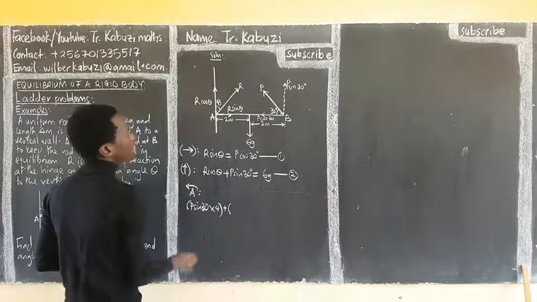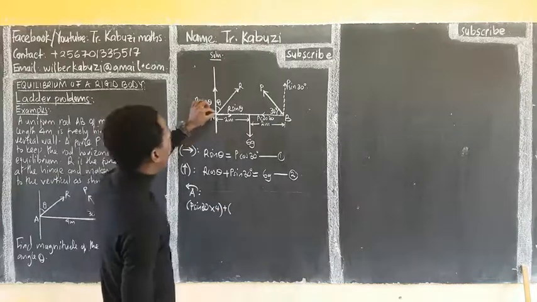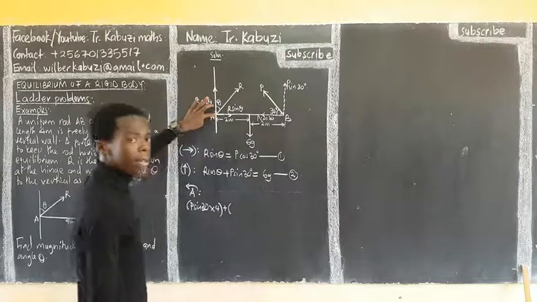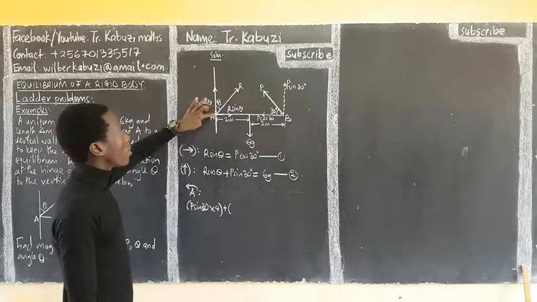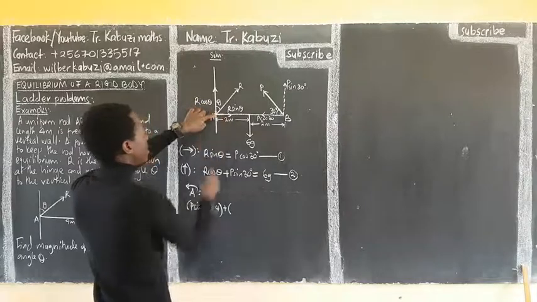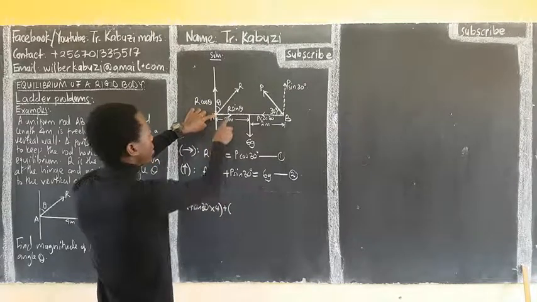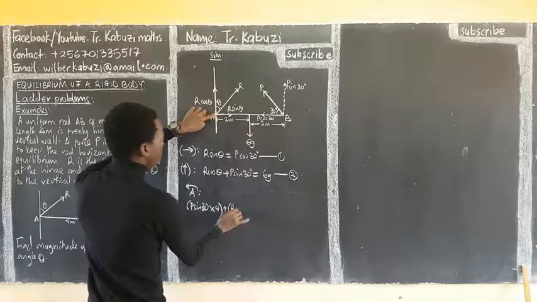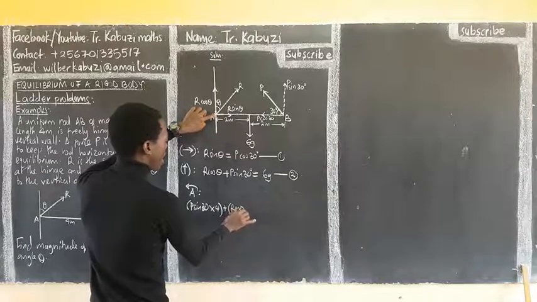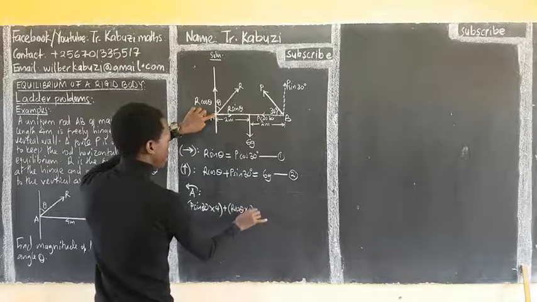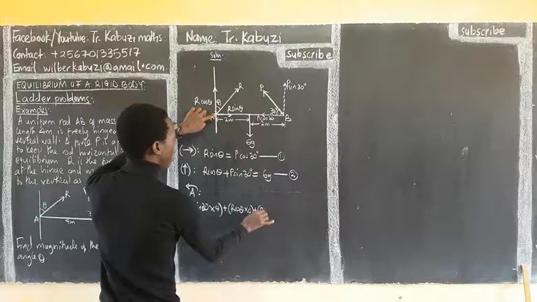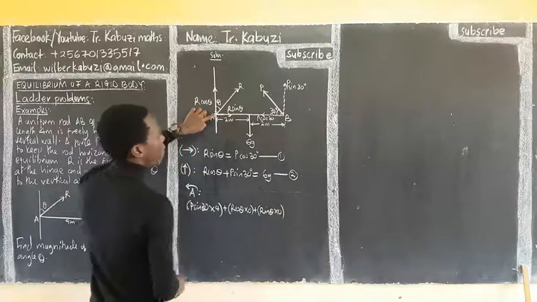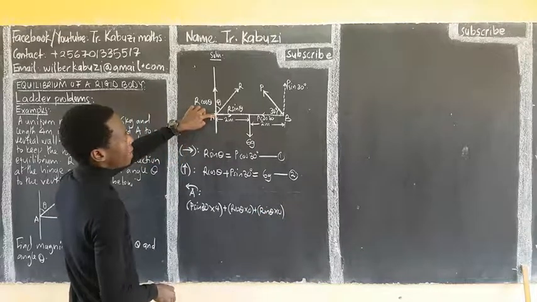anything that is coming from where we are taking moments from is going to be 0. So this one is coming from there and this one is coming from there. So we have R cos theta times 0, plus R sine theta times 0, because they don't have perpendicular distances from here.